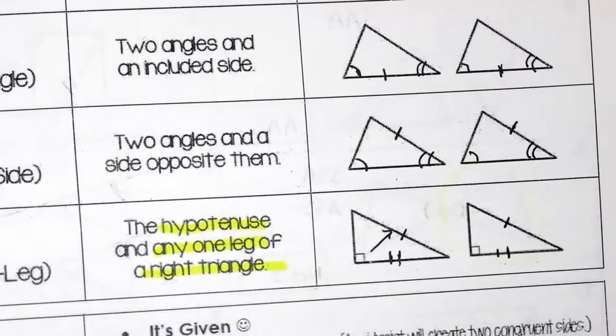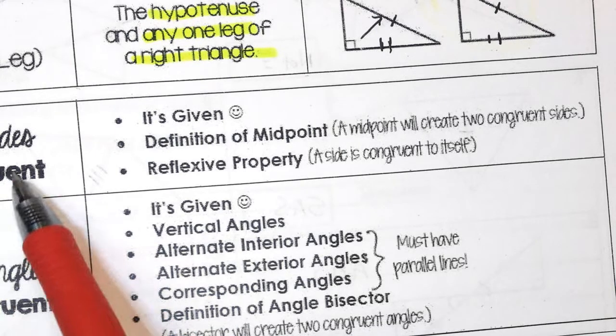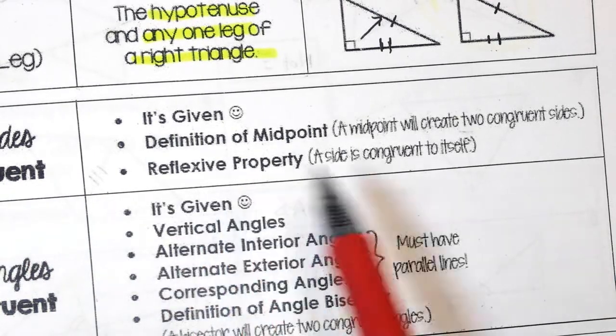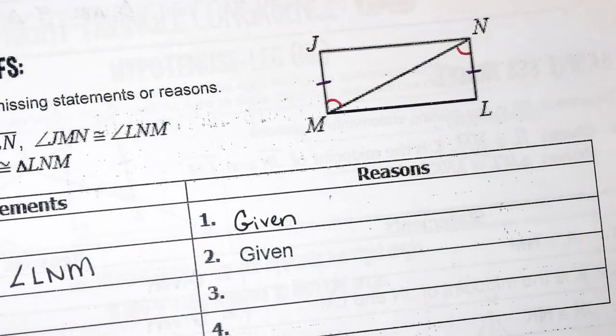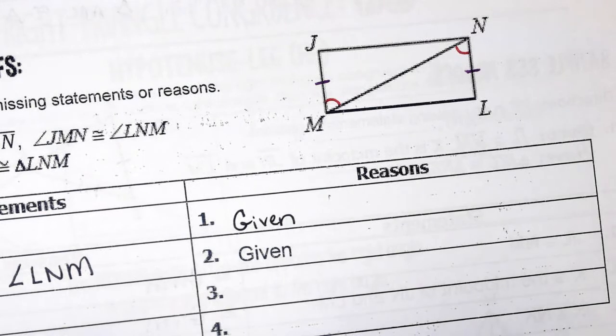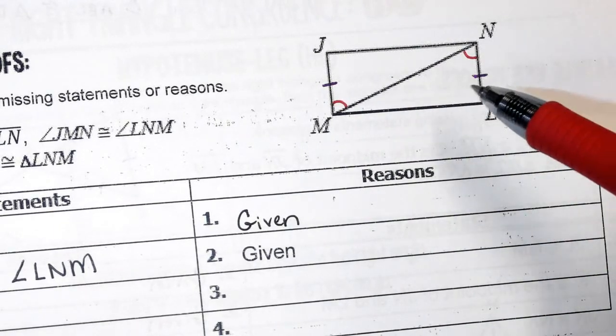If you look on our reference sheet, for a reason that sides are congruent, and we're talking about congruent sides right now, it says reflexive property. A side is congruent to itself, which is true. MN is congruent to itself, but we call the other side NM because of the way the triangles are named. And I told y'all this matters, how you name one thing versus the other.